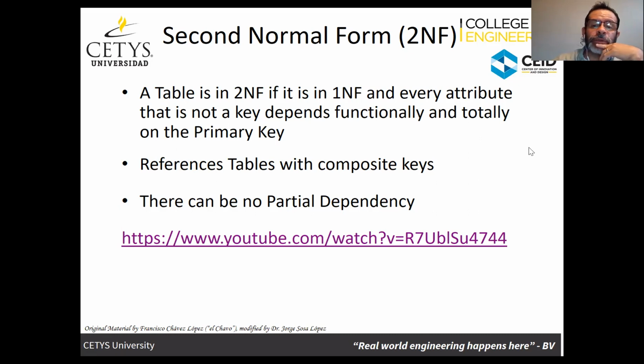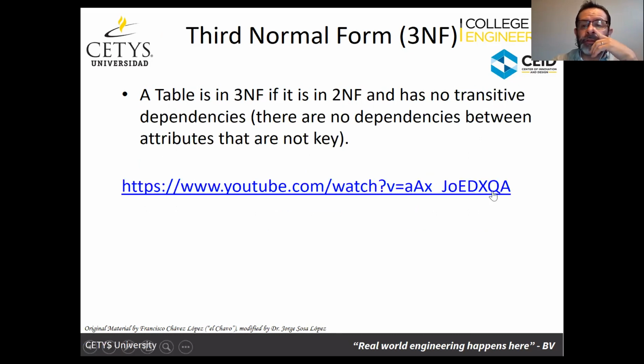of our tables. Now, the third normal form has to do with something called transitive dependencies. This is where we have no dependencies between attributes that are not key. We've got attributes that aren't key attributes, and these are related somehow to each other, similar to what we saw in the last table.